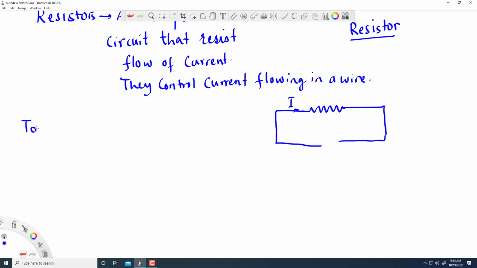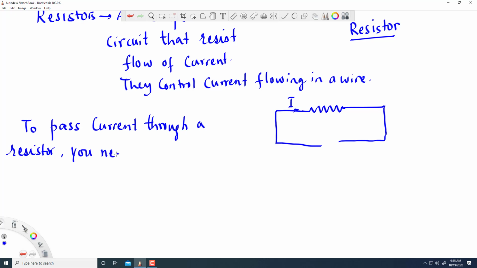So, to pass current through a resistor, you need a difference in potential. You need to maintain difference in potential, only then you can pass the current.